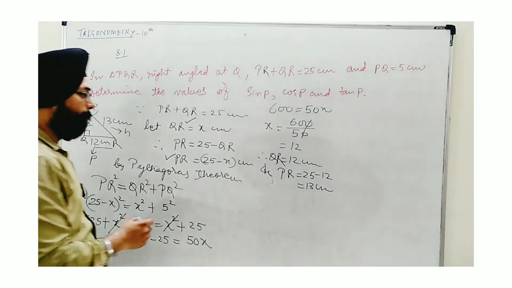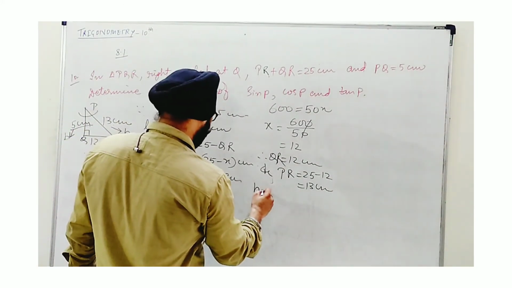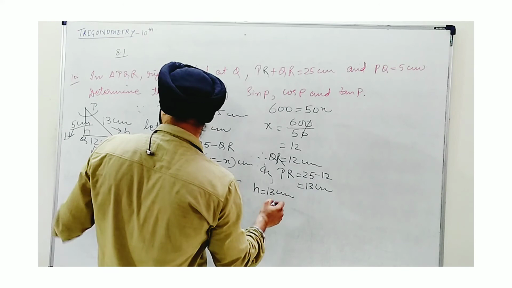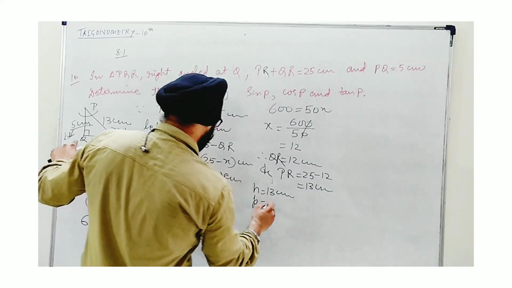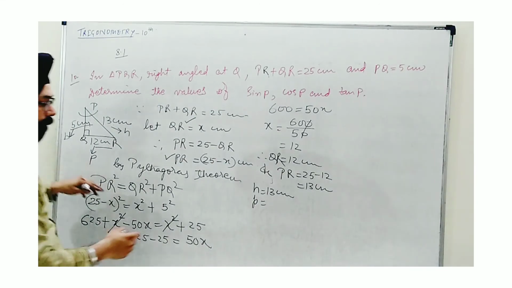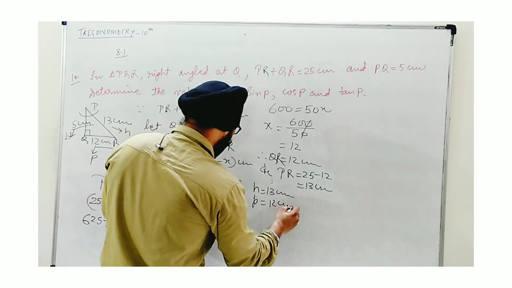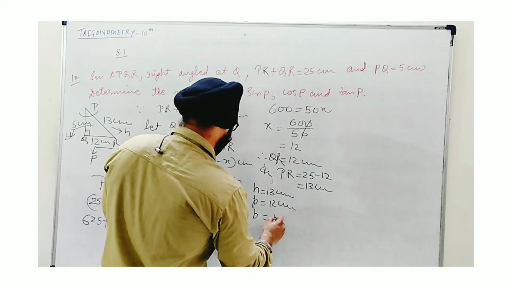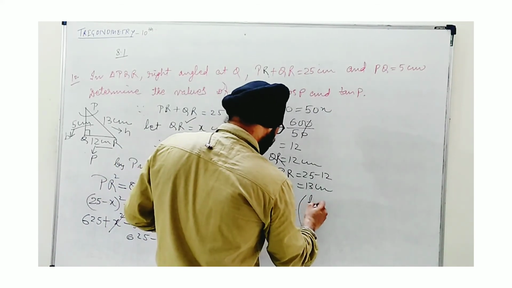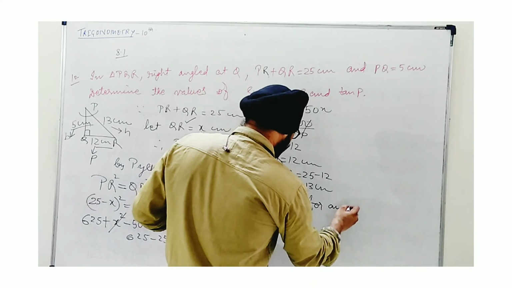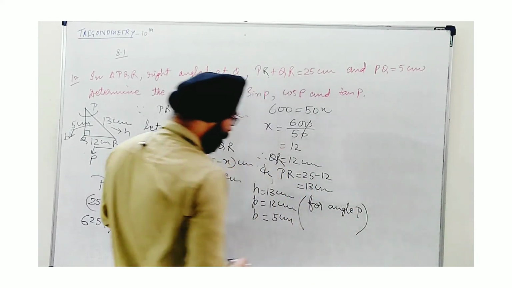What I mean to say, we can write separately: H is 13 centimeter, perpendicular is 12 centimeter, and base is 5 centimeter. Only in this condition can we write for angle P.